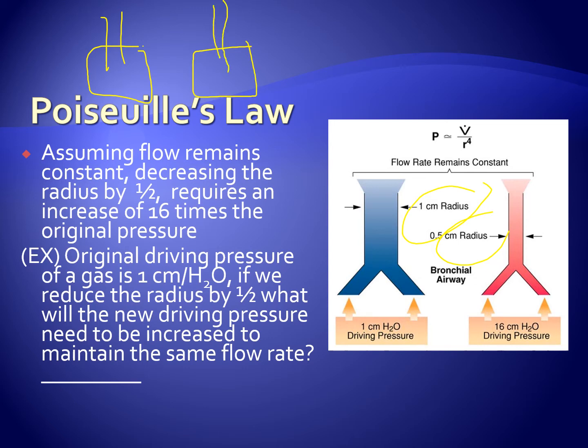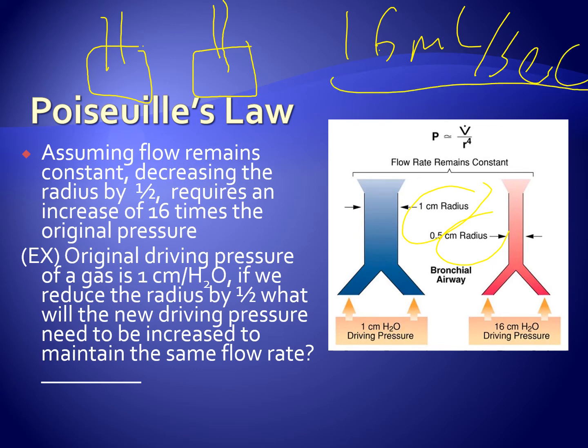Okay, so assuming we have a constant flow rate, so now here I am going to say, no matter what, I want 16 milliliters per second, because that's what my taste buds want, right? So my flow of fluid is constant.